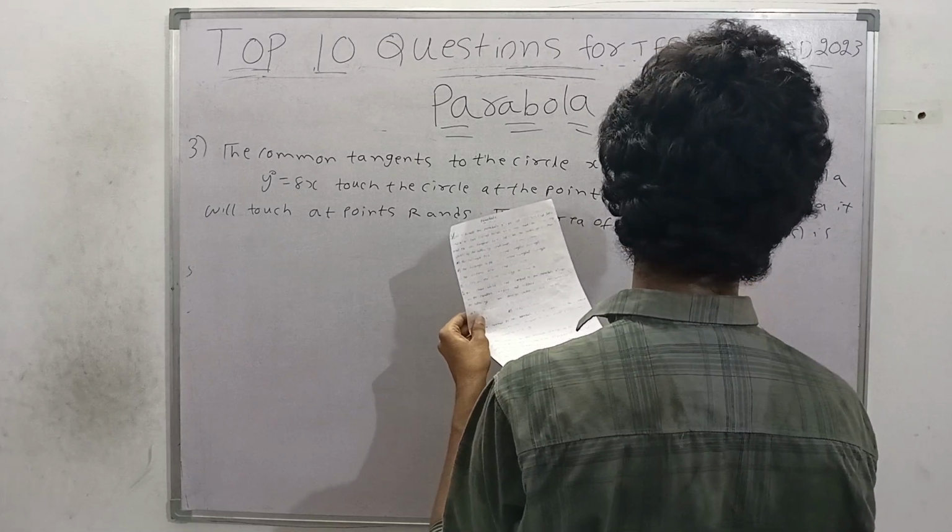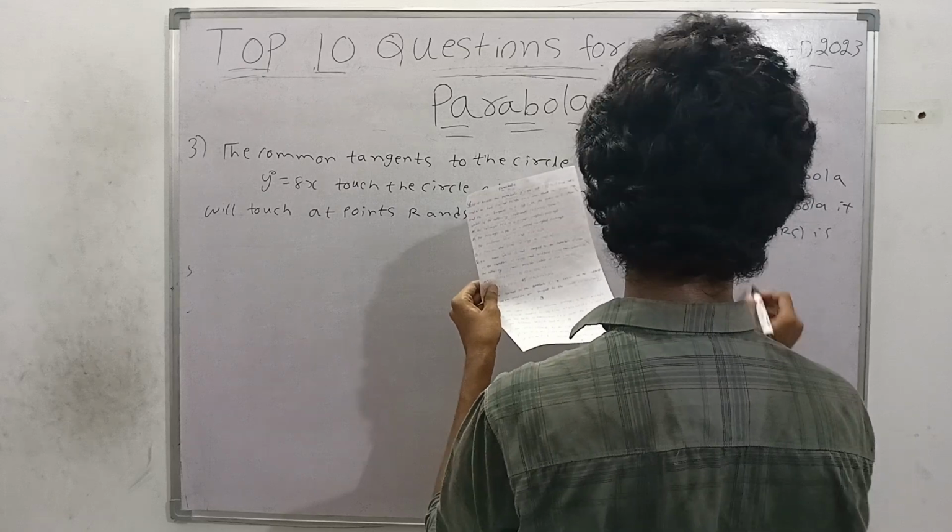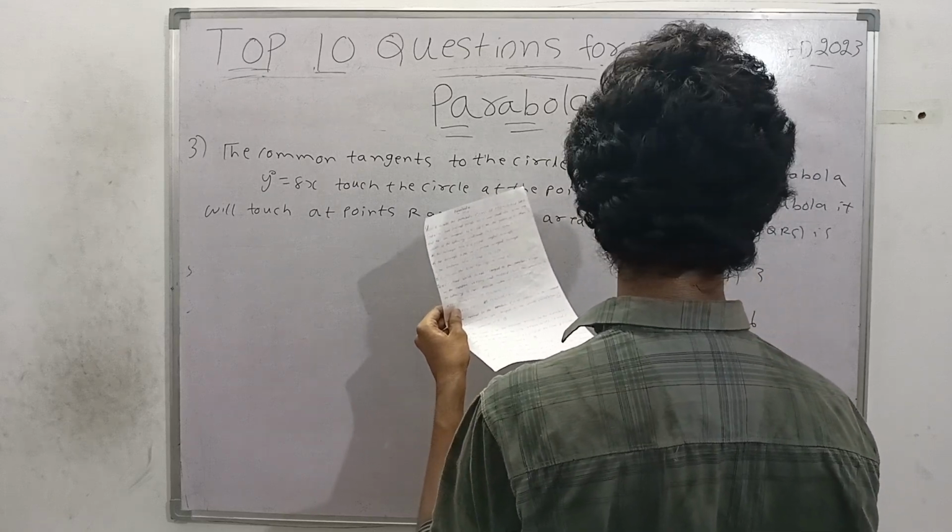Option A is 3, option B is 6, option C is 9, option D is 15.